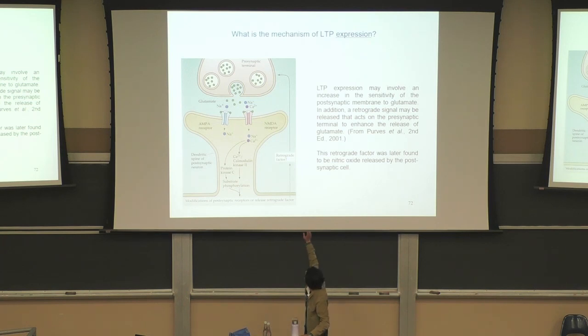But in this case, it's not a normal neurotransmitter packed into vesicles, but rather it's produced in the postsynaptic cell, and then the gas molecules just diffuse out of the dendrite passively and reach the axon terminal of the presynaptic cell.